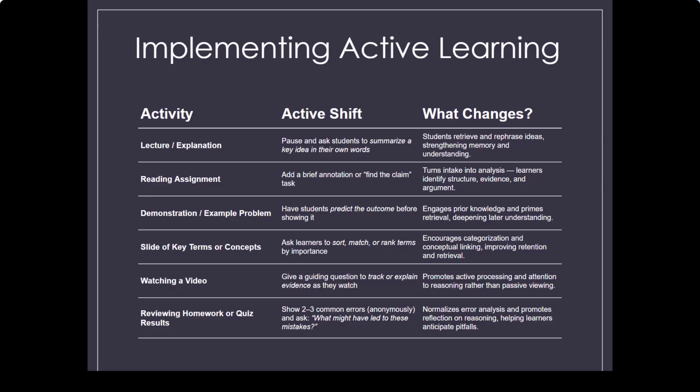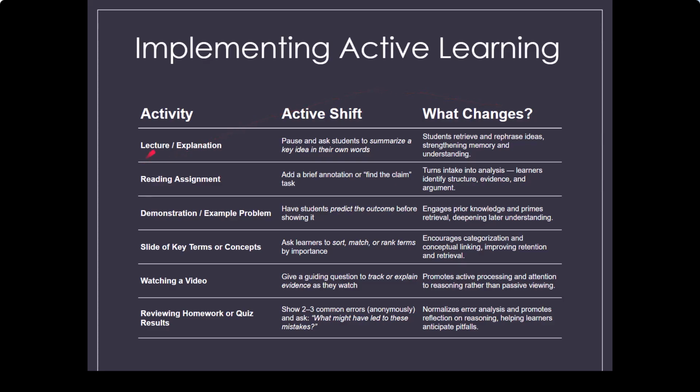Here are some simple moves you can make in your instruction that will engage students in active learning. You can see here in this chart that we have 3 columns: the activity, the move you make or the active shift that you make in the instruction, and how that changes things for students so far as getting them engaged in active learning.